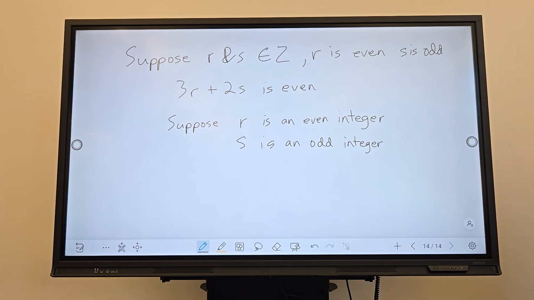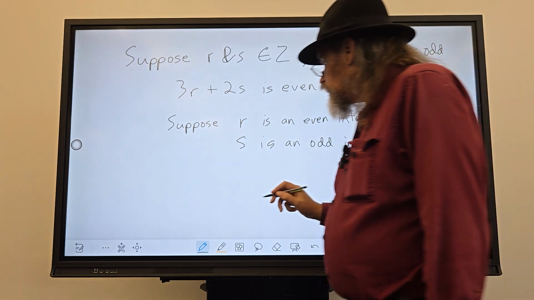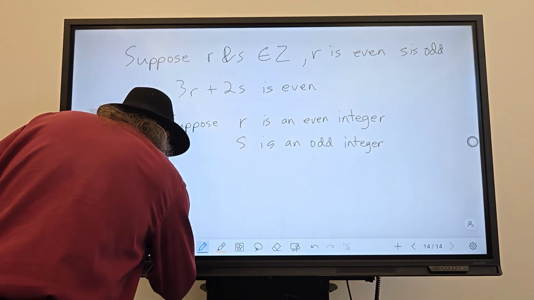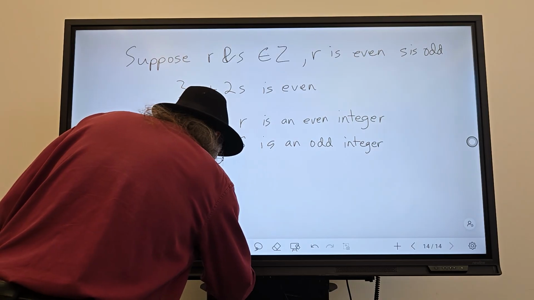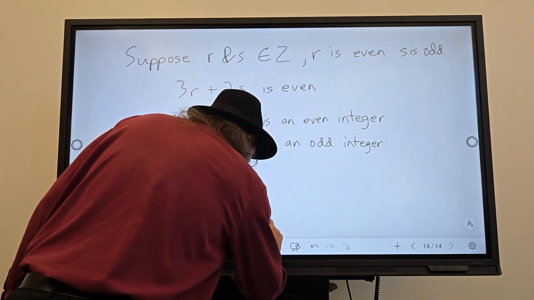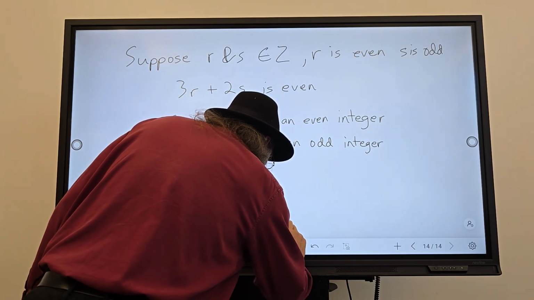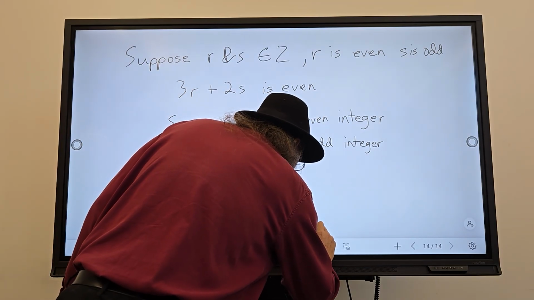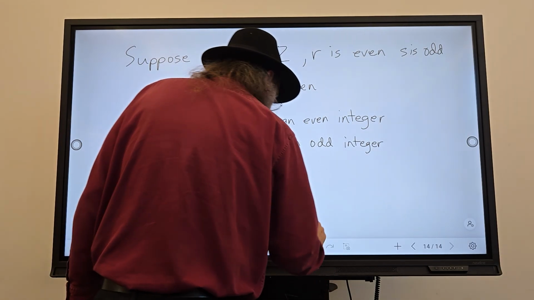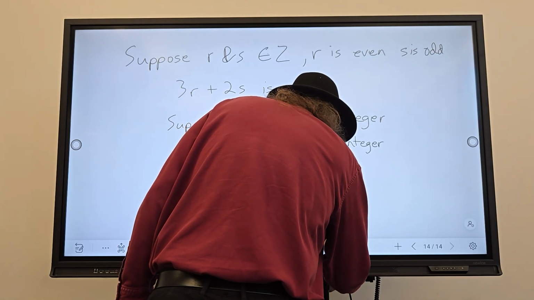And then we must show that 3R plus 2S is even.